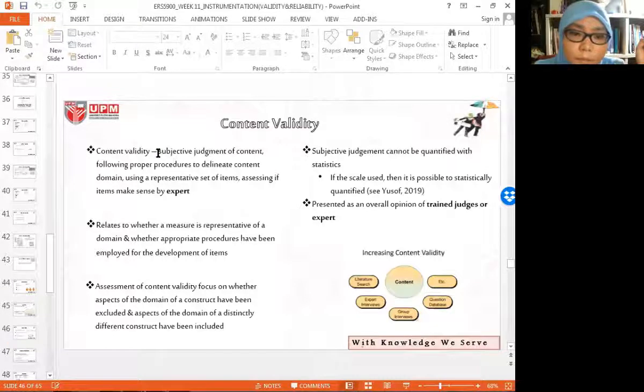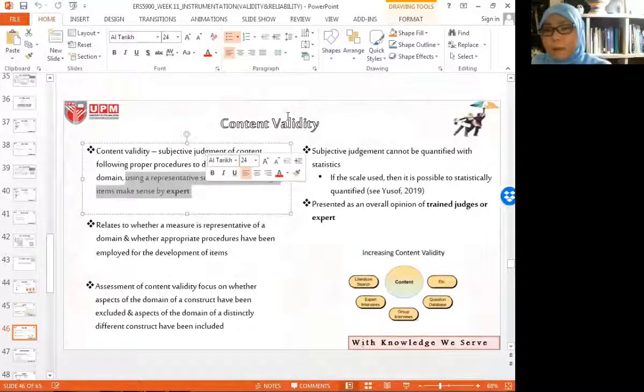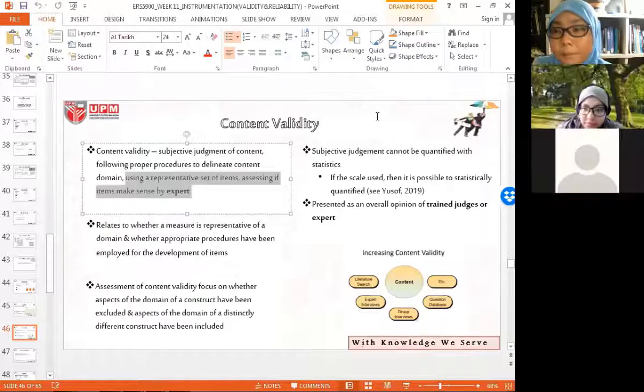Content validity ni referring to subjective judgment of content following proper procedures to delineate content domain using a representative set of items, assessing if items make sense by expert. Ini biasanya akan dilakukan oleh expert dalam bidang, basically those either in academic or in practice.